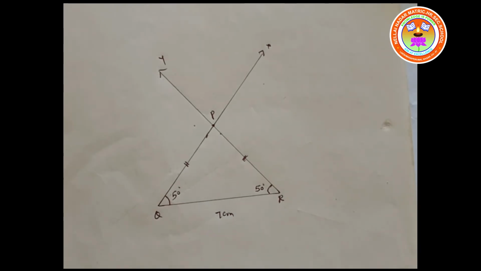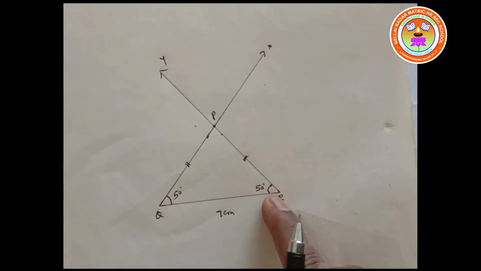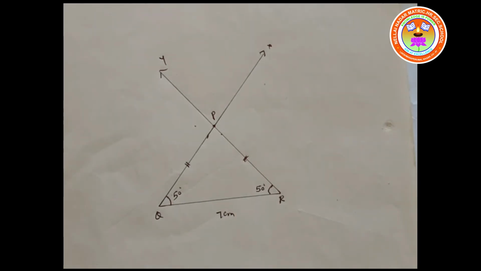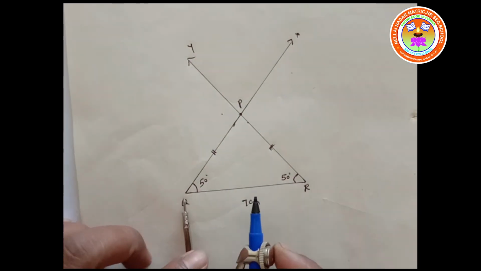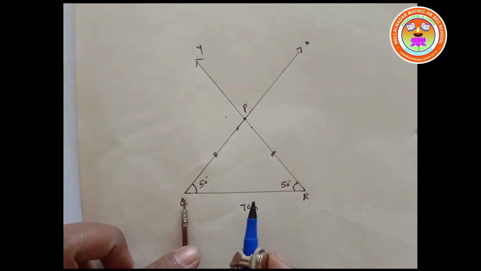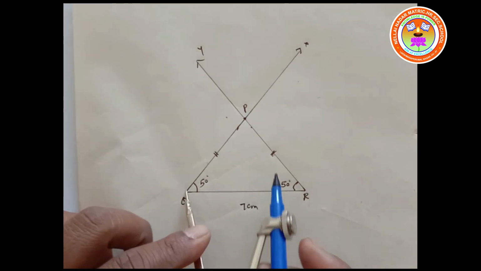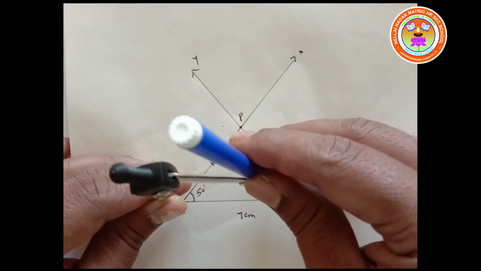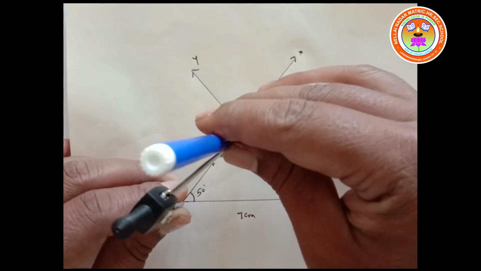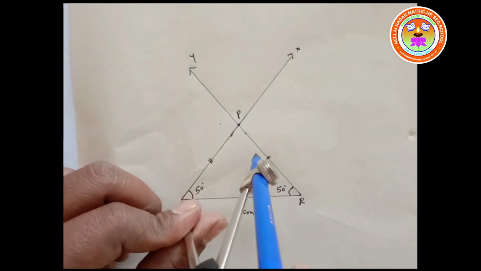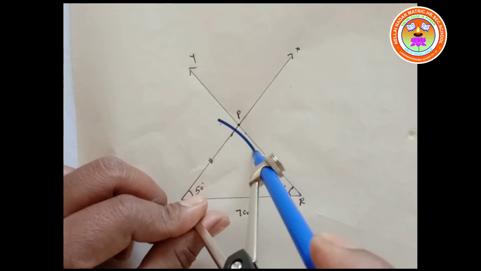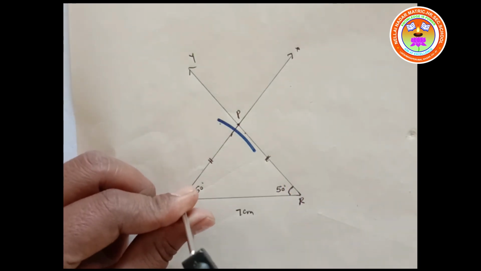Now you are going to draw a perpendicular bisector. You will be having three sides, PQ, QR and PR. You take any two sides. So we will select QR. With the help of compass, you have to draw a perpendicular bisector. It's clear, children, right? From Q to R, draw an arc.